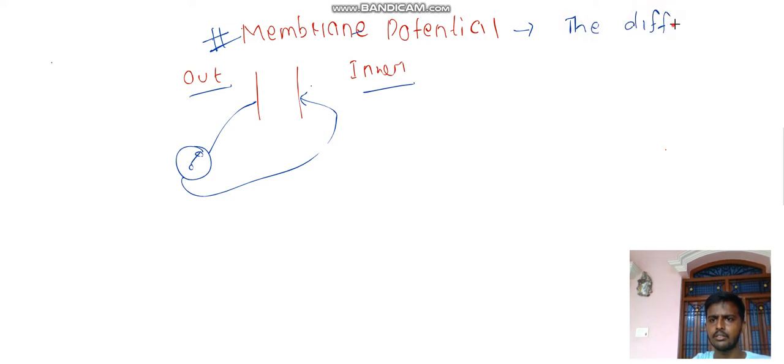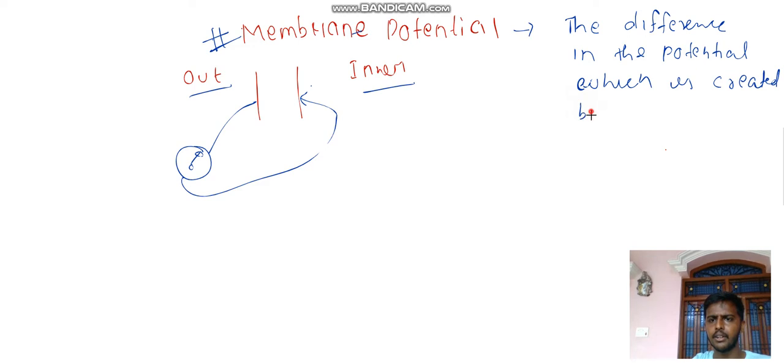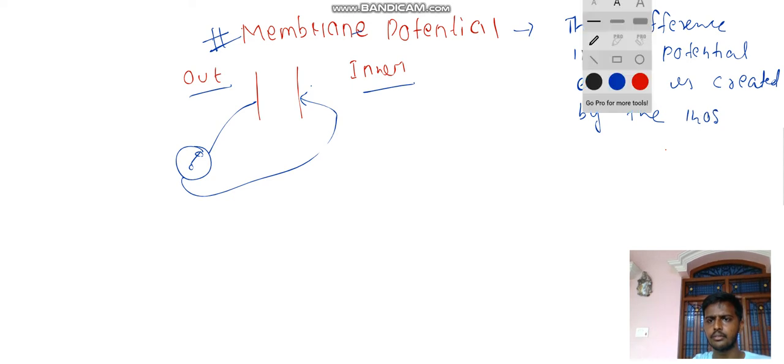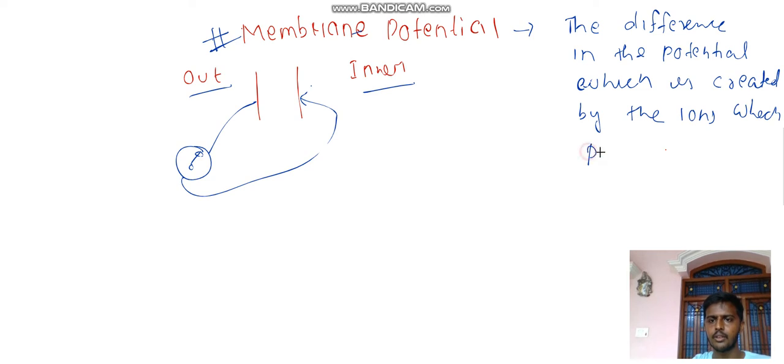The difference in the potential which is created by the different concentrations of ions present on either side of the cellular membrane.